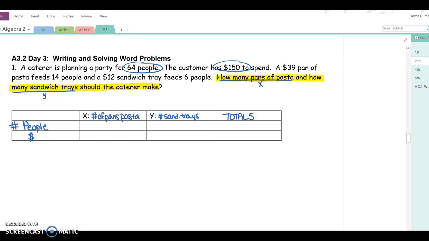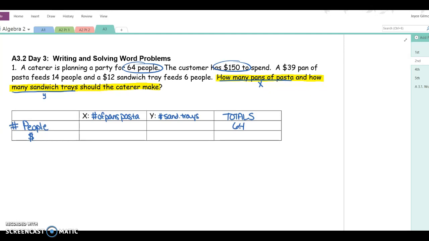So this last column is going to be totals. Most systems of equations word problems follow this pattern where you can make this table to arrange your information and get your equations. So, number of people. I know that the caterer is planning a party for 64 people total. So 64 goes in the people row under totals.